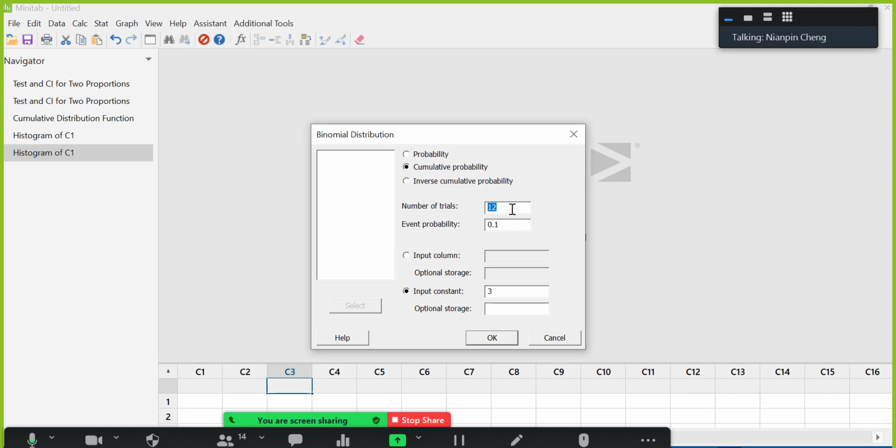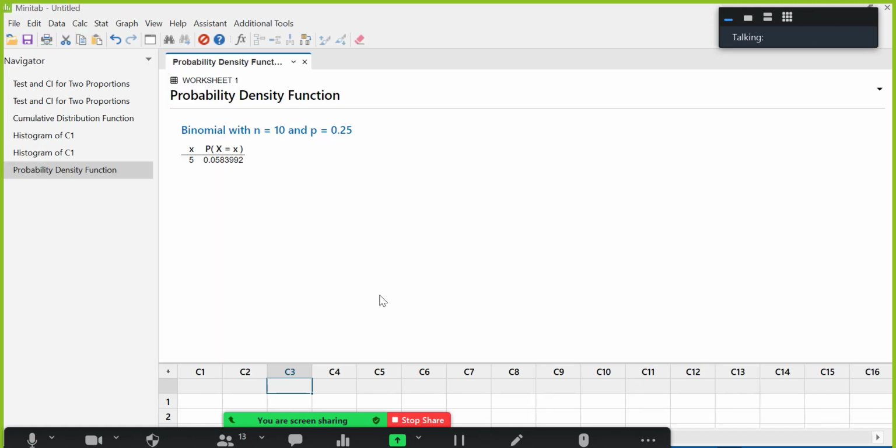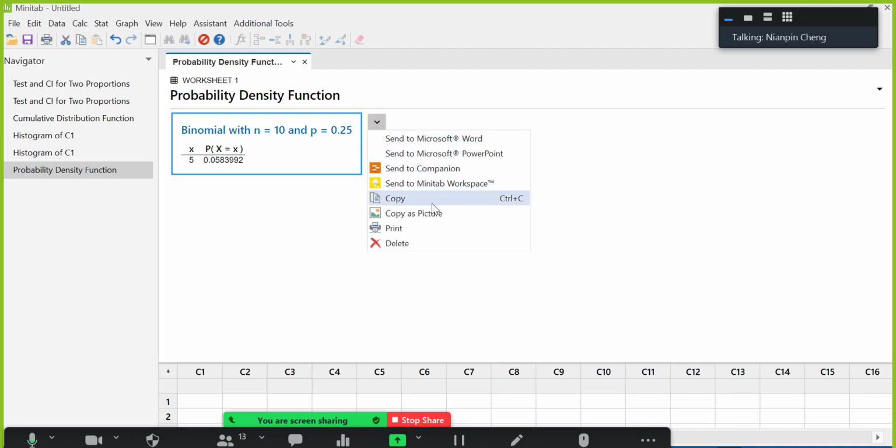This time the total number of trials is 10 questions. Every trial, the success rate is 0.25. And what's the probability you get correct 5 times? And this is the probability, not cumulative. So we can copy the result and paste it back.